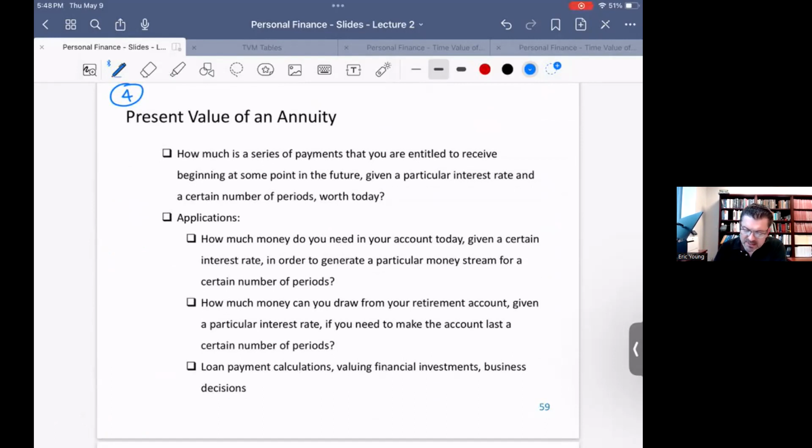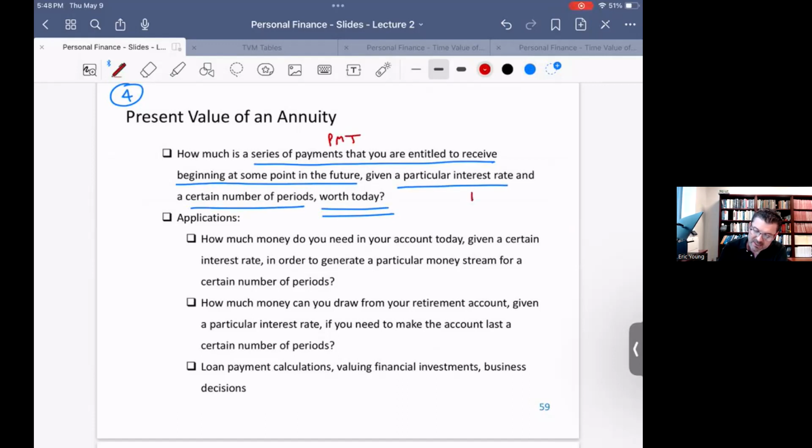You're entitled to receive a stream of payments at some point in the future. How much is that series of payments that you're going to receive in the future? What is it worth today, given a particular interest rate and number of periods? So the series of payments is the PMT.